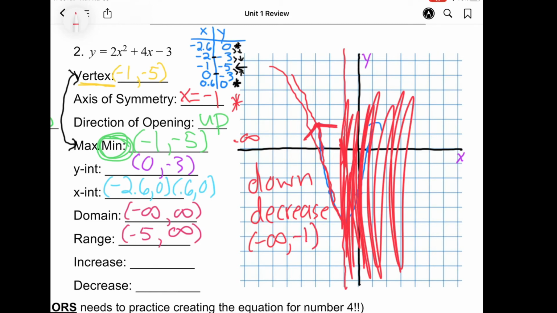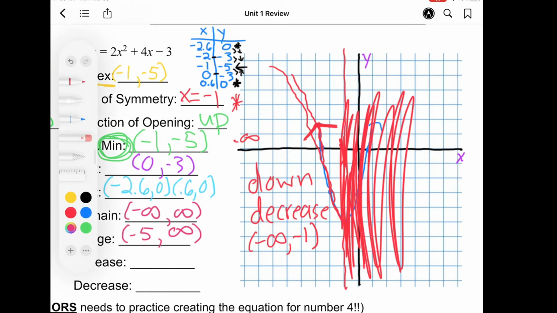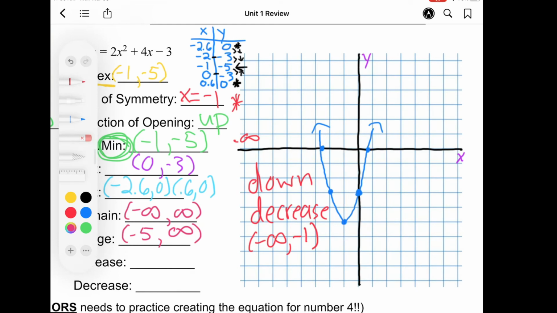So there's our first half of our graph. Now let's see if I can erase all of this. There it goes. So we still have that same line of x equals -1.